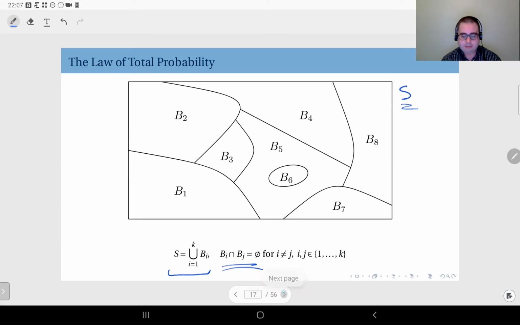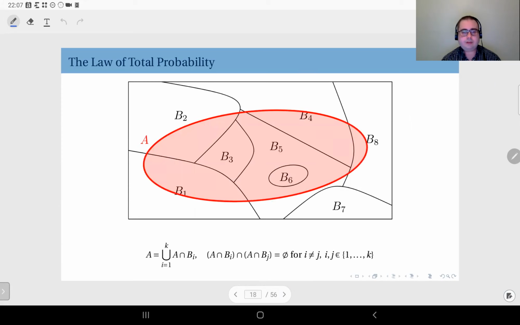Now consider an event A in this sample space S. You see this event A also has a partition with respect to this partition consisting of B's. And for instance, take this subset here. This is A intersection B1. And this here, A intersection B2.